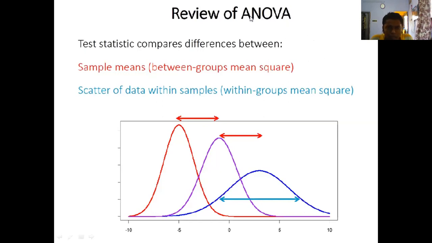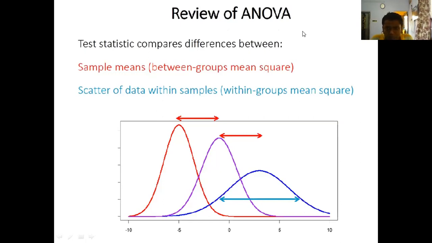ANOVA means analysis of variance, and MANOVA means multivariate analysis of variance. In one-way ANOVA, we will have one dependent variable and one independent variable. Whereas in two-way ANOVA, you will have one dependent variable and two independent variables.